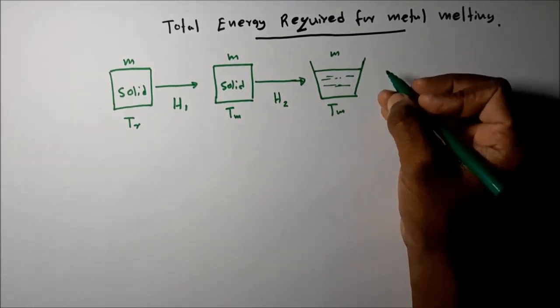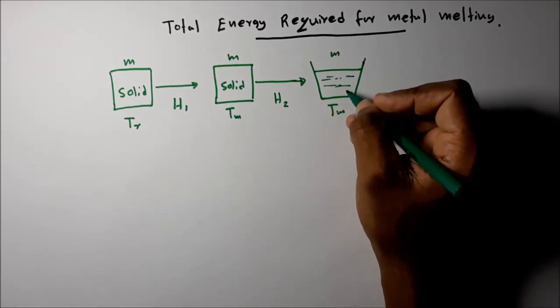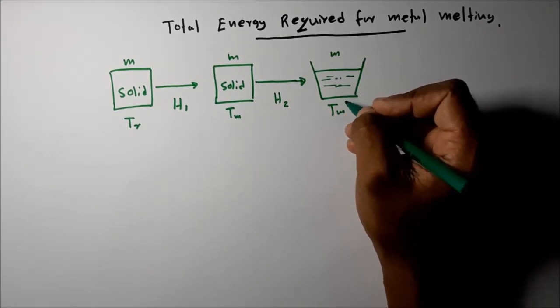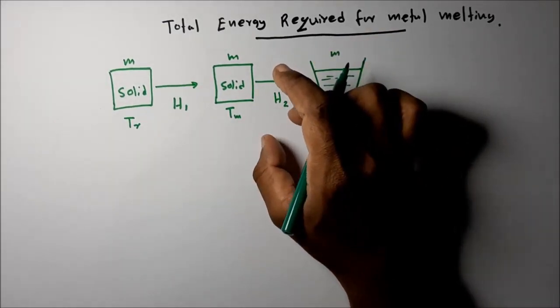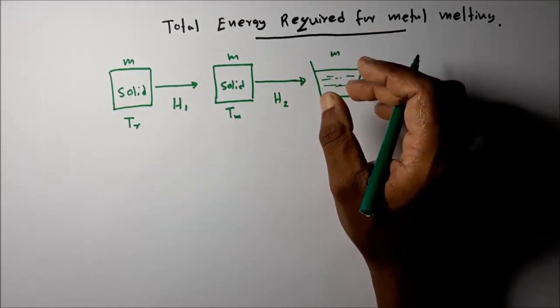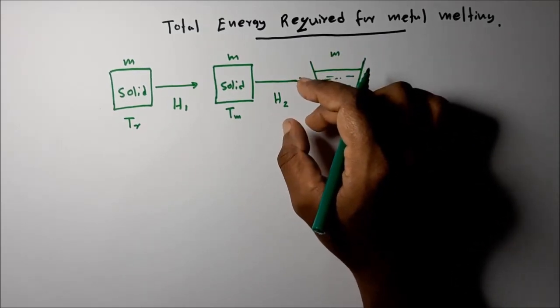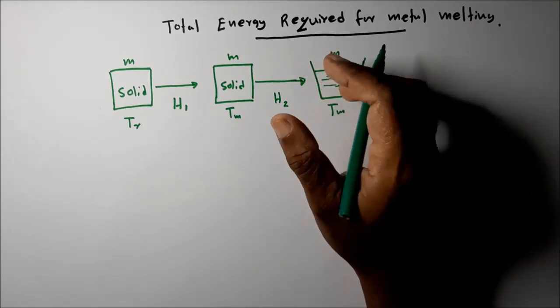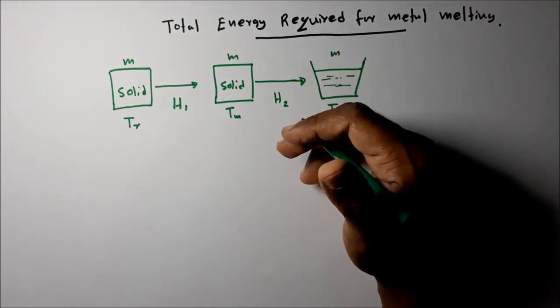Then what happens? We can't take this molten metal to pouring. What happens if we pour it into a mold? It immediately becomes solid when it is just poured. It may even solidify in the runner system.